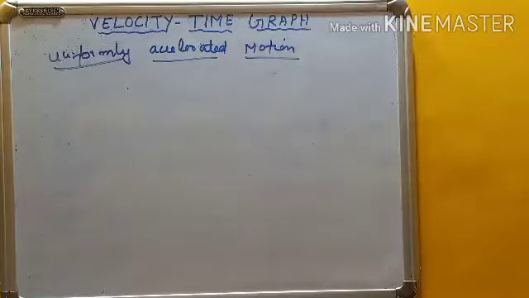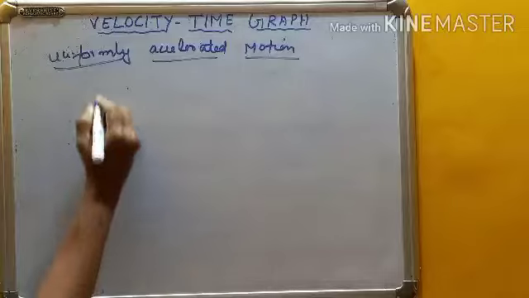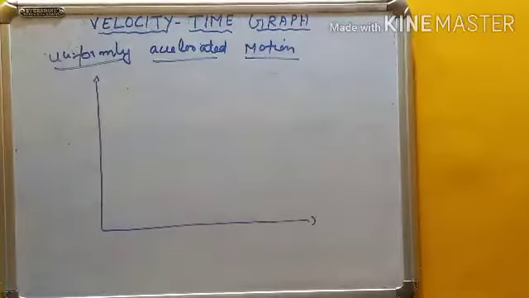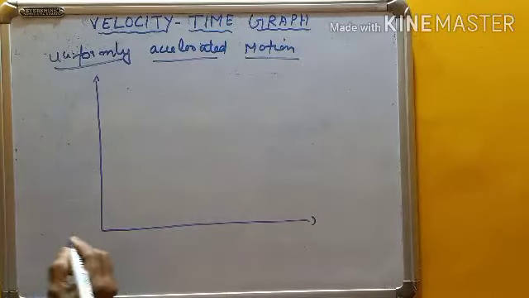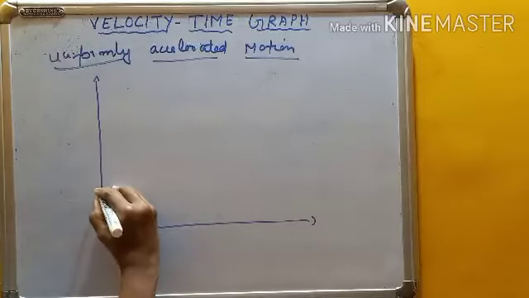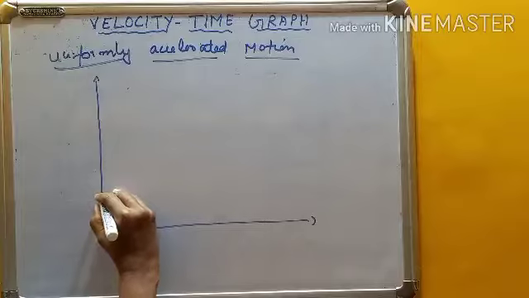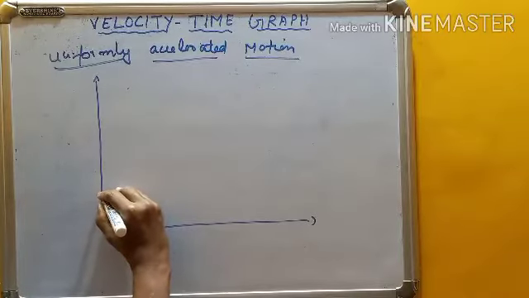That means the change in velocity of the body with respect to the time interval is constant, so acceleration is constant. In this case the velocity of the body changes constantly with time, and the graph is a straight line inclined to the time axis.